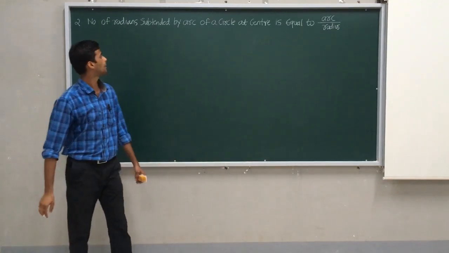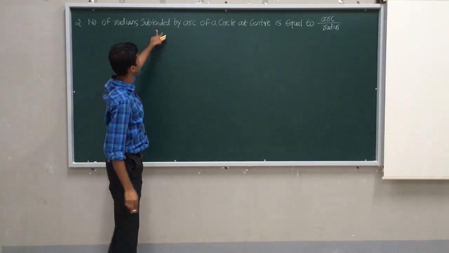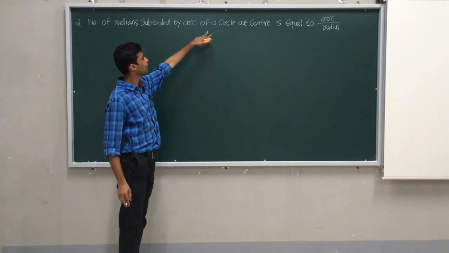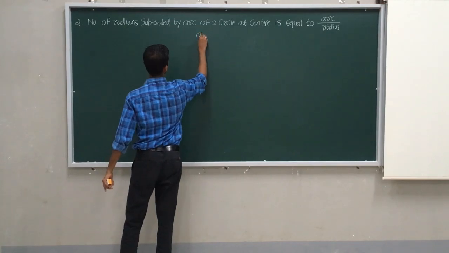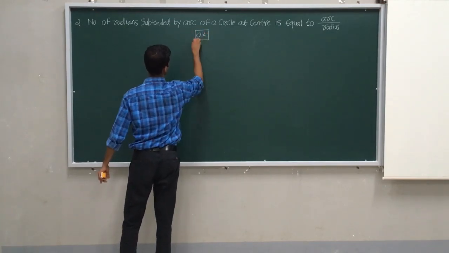A particular number of radians subtended by an arc of a circle at the center is equal to arc by radius. This is one of the very famous theorems.